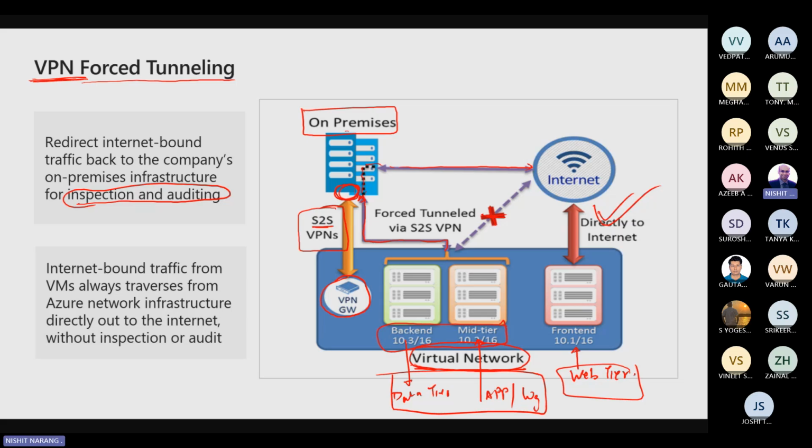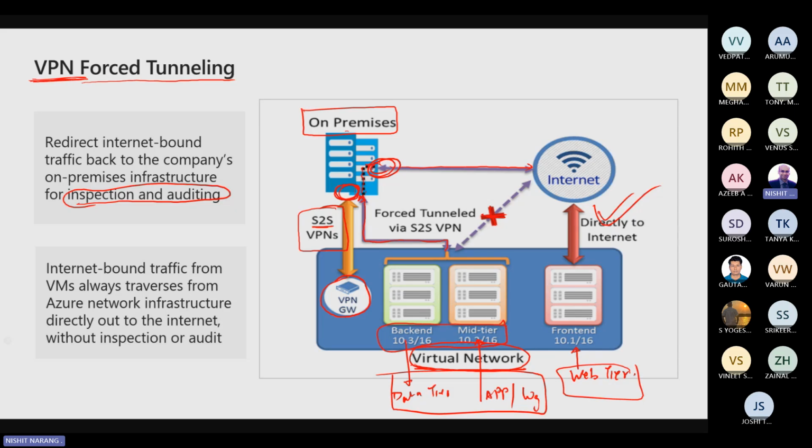So direct internet connectivity can be prevented from your virtual network, but it can be routed via forced tunneling over a site-to-site VPN to your on-prem network. There it can be inspected, audited. If it is allowed, then it can be passed to the internet. So that can be, let's say, your web proxy that you normally have. When you generate some internet traffic from sitting inside the enterprise, it goes through the web proxy.